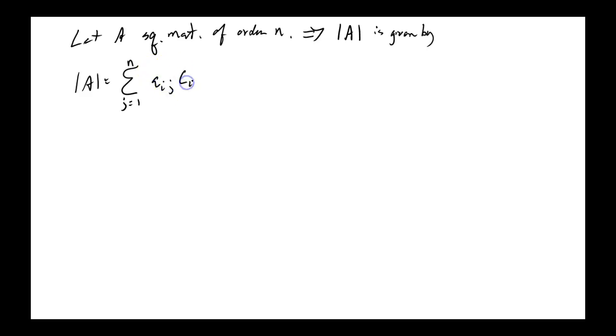Aij, Cij, which is Ai1, Ci1 plus Ai2, Ci2 plus Ai3 times Ci3, that's an i there, plus dot, dot, dot, all the way up until you get to Ain times Cin.